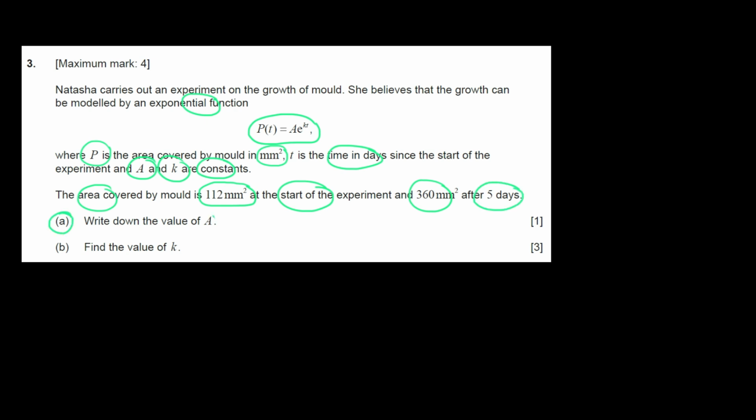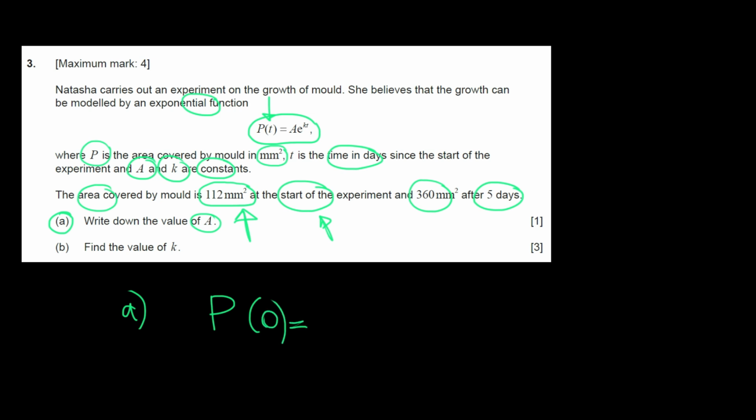Question A, write down the value of a. The value of a we can identify by doing some substitution. For instance, at the beginning of the experiment, the area, which is P, is 112. So when time equals 0, I put 0 into t.